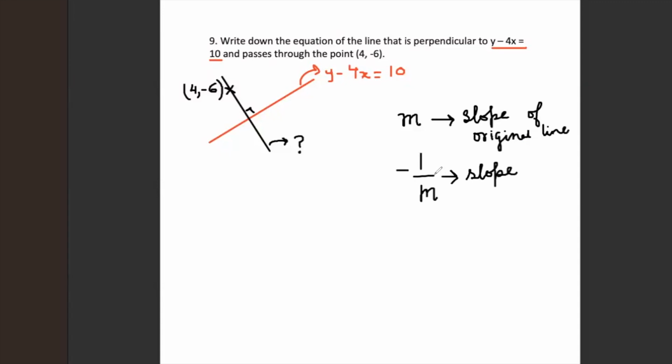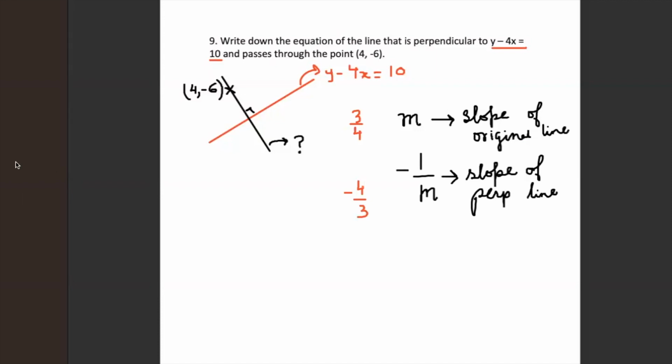So we flip the value and we put an opposite sign. For example, if we have the original slope as maybe 3 over 4, the perpendicular line will have a slope of minus 4 over 3.